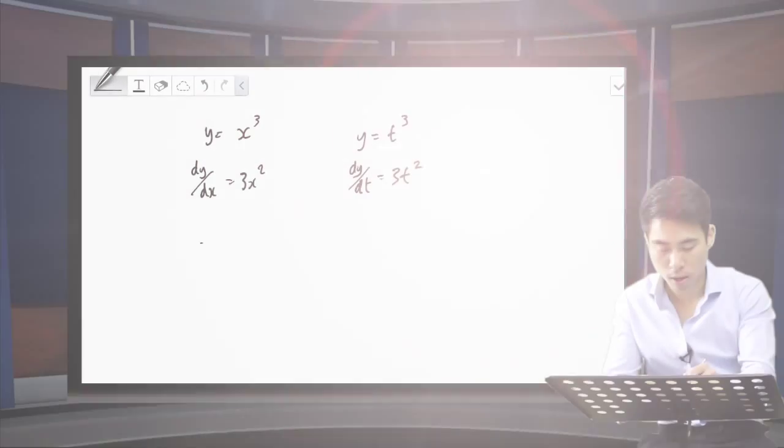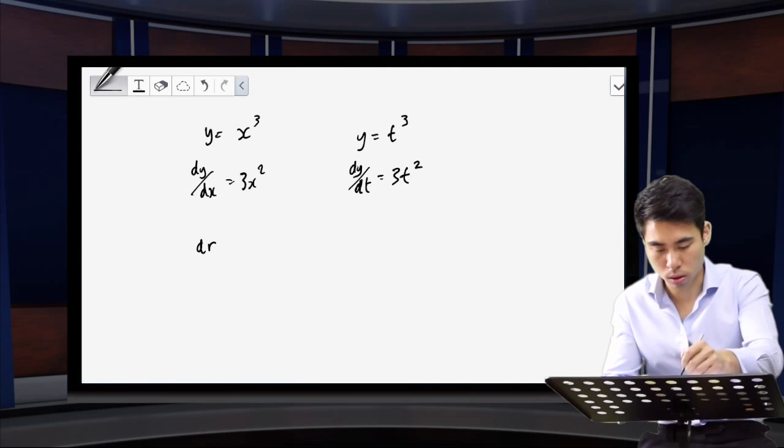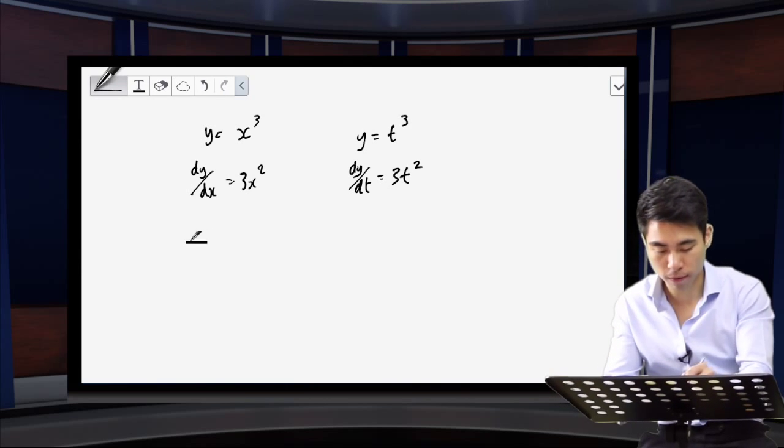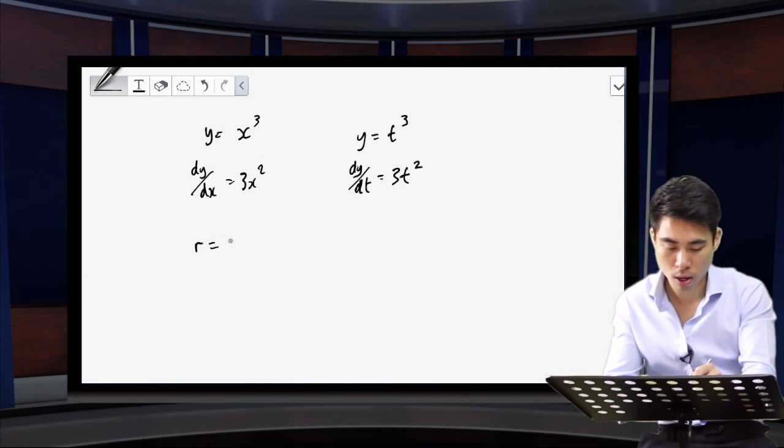So I don't know, you might have dr, you might have r expressed in terms of theta, so r equals, I don't know, 7 theta squared.